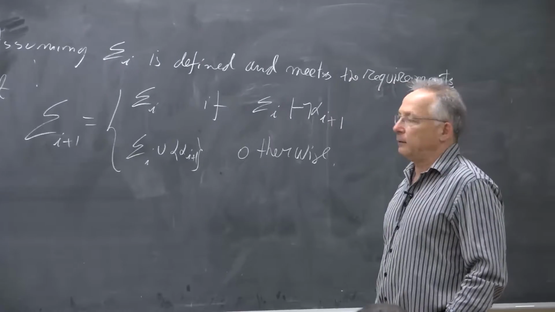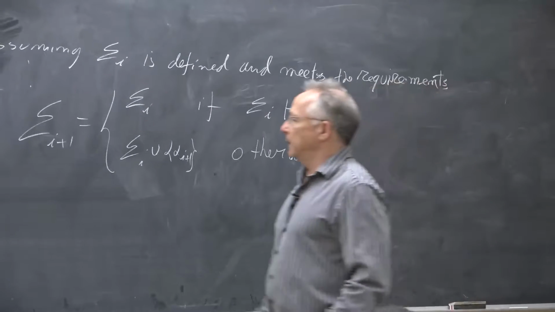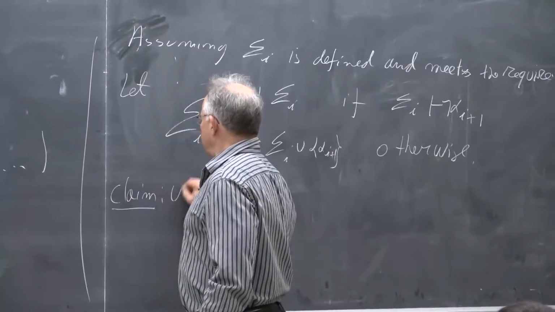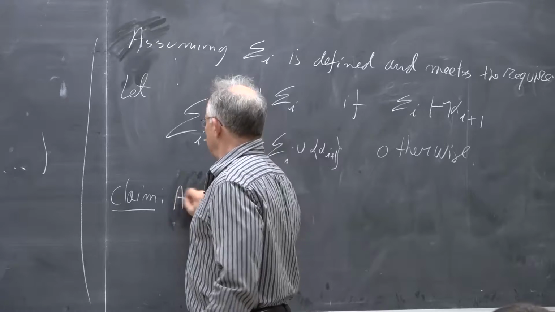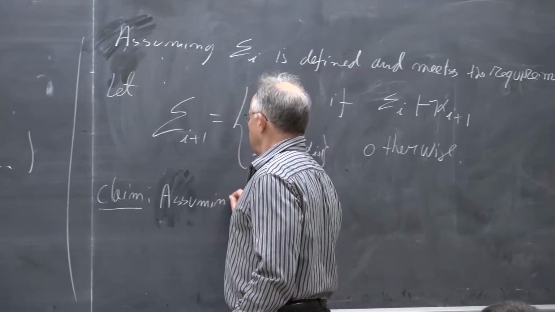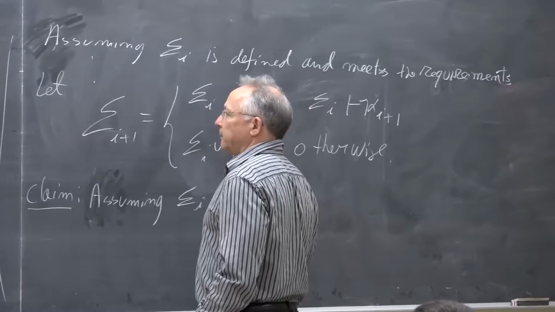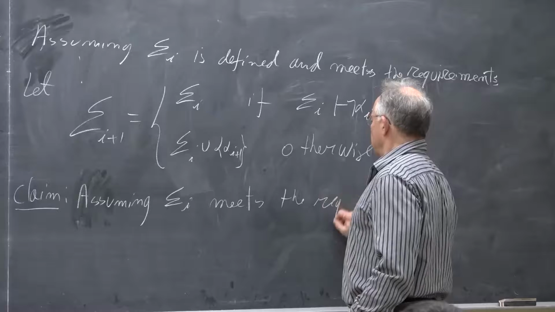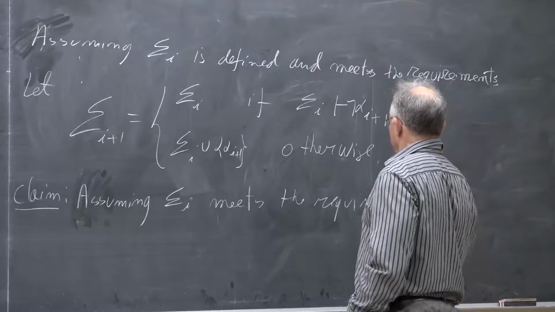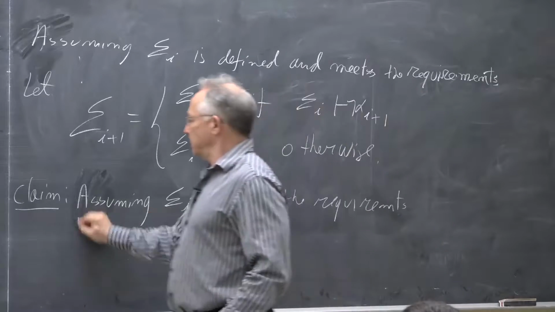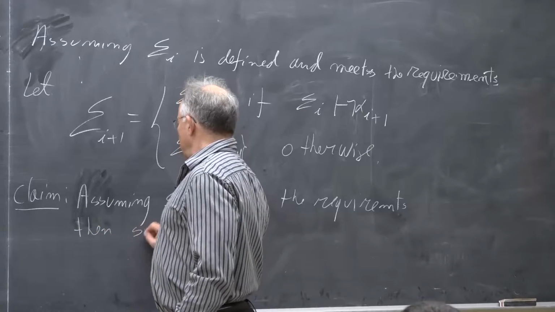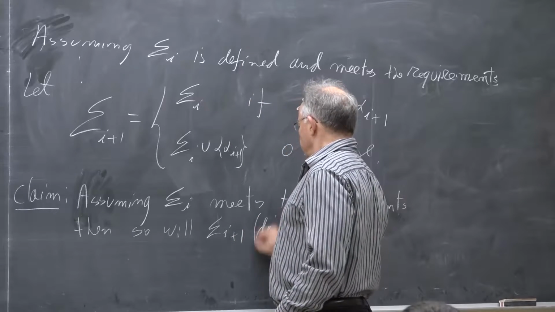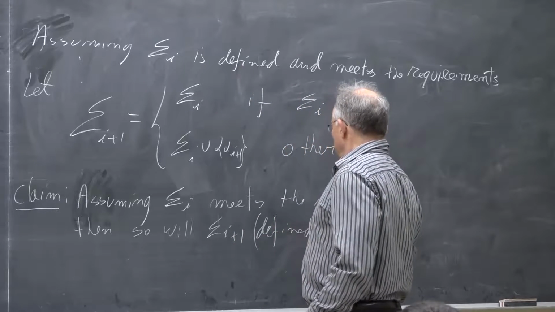The only thing that we need to prove is the claim that, assuming sigma I meets the requirements, then sigma I plus 1 defined above does too.